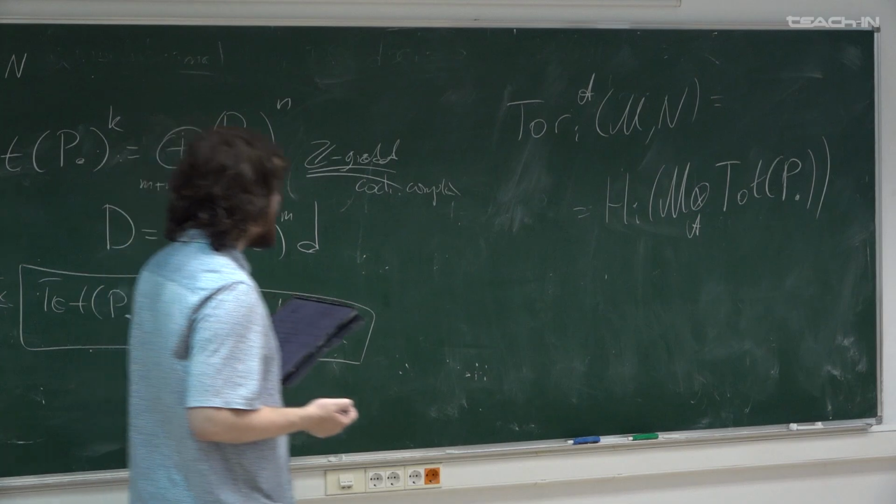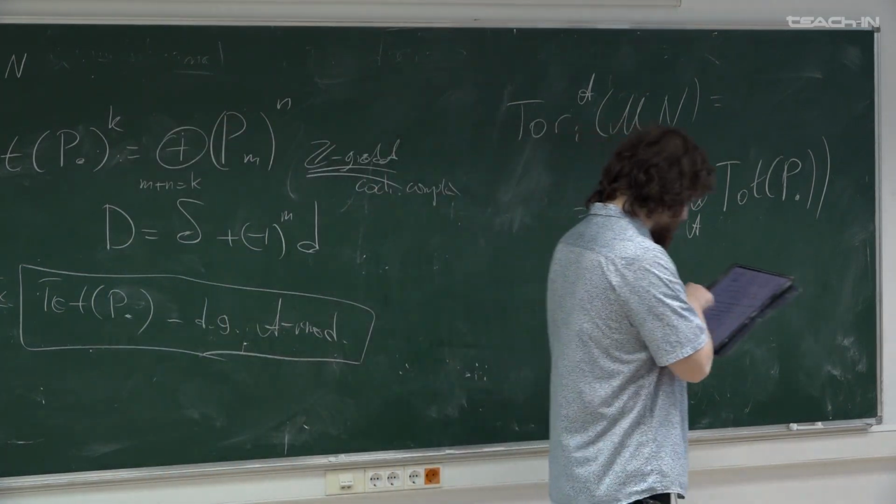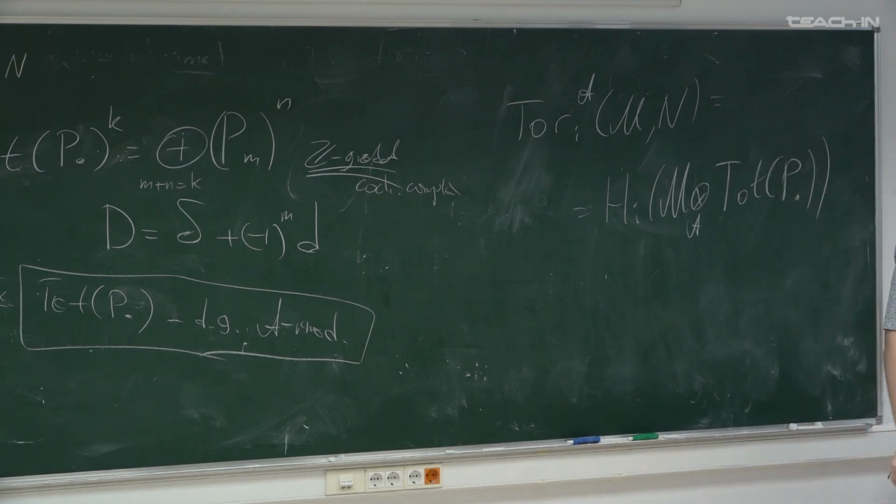Now you can check the properties written here, which I'm not going to check because it's not very interesting, but it's not very hard. More or less the properties are the same as for the usual Tor.